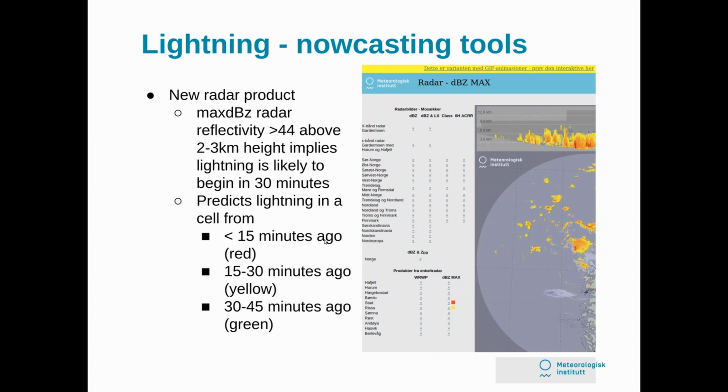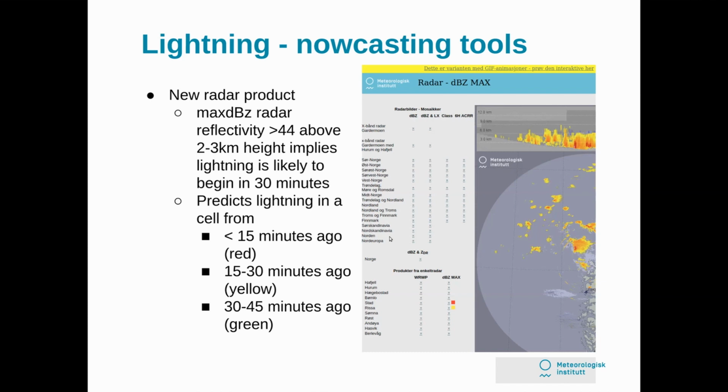And if there's a yellow square, like on the other radar here, the cell was from 15 to 30 minutes ago, so it means lightning is likely to happen in less than 15 minutes.